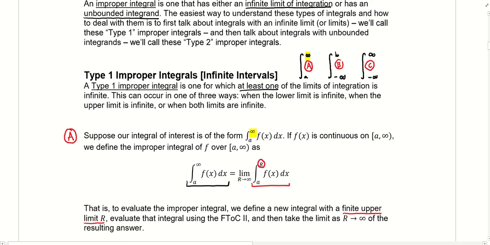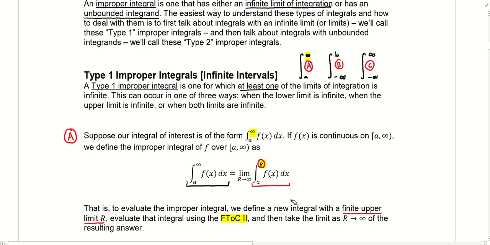And the reason we do that is because if this upper limit of integration is finite, then we're integrating over a finite region, which allows us to use the second part of the fundamental theorem of calculus. So integrating this is just like we were doing with the evaluation theorem back in topic 11. We know how to do that.